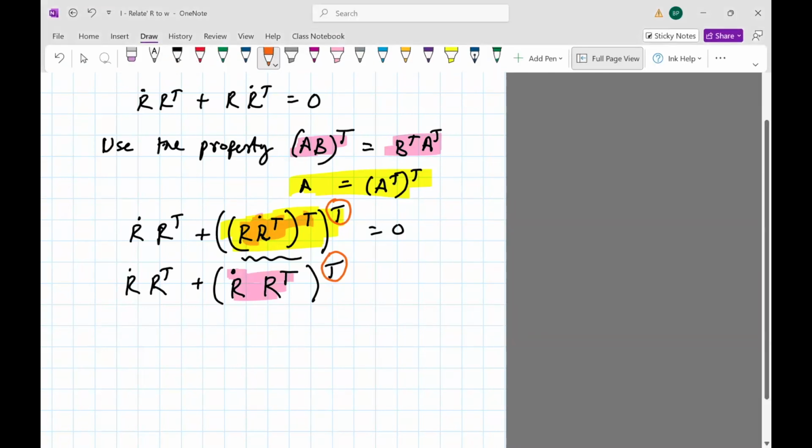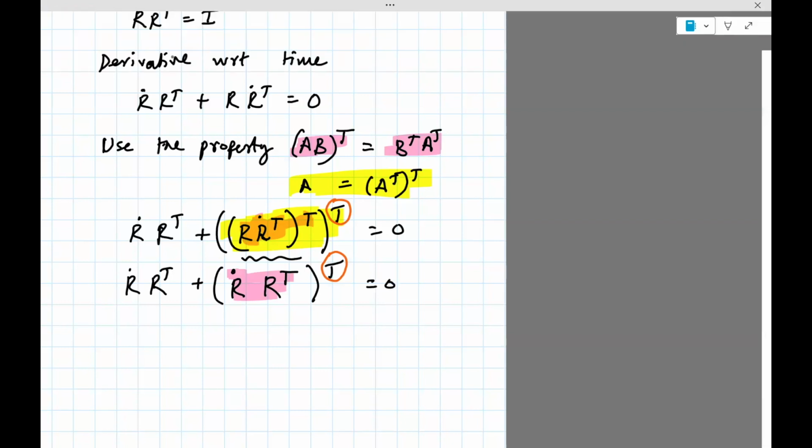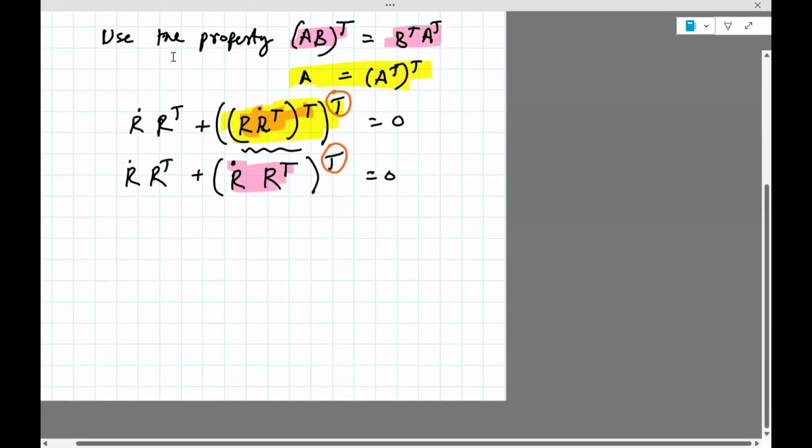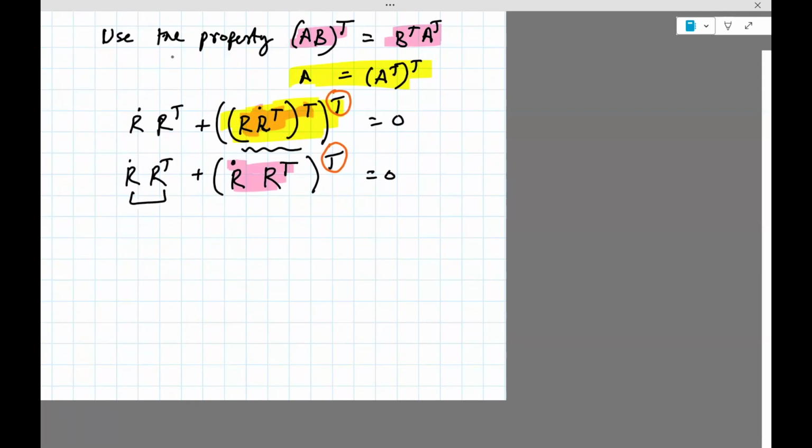So this is equal to 0. Now, if you call this matrix S, you have the same matrix S here: S plus S transpose is 0. There's a special matrix which has this property. It's called a skew symmetric matrix.